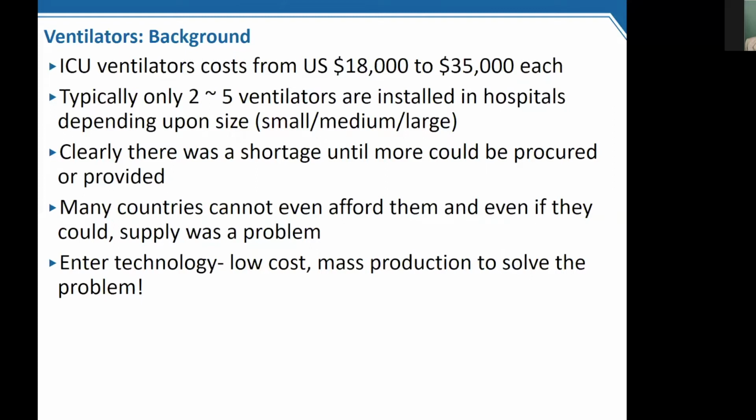Again, not everyone needs it, but those who need it, they need it now. And if you look at the cost, many countries can't even afford them. They already have a tough time managing their healthcare system, and the need of specialized equipment makes it especially costly. So this is where open source comes in, so that we could provide a solution at low cost.